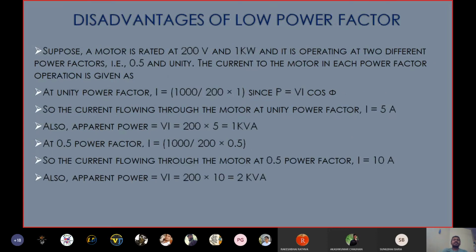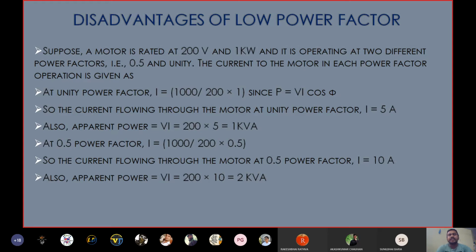Now, what are the disadvantages of low power factor? Take one example. A motor is rated at 200 volt and 1 kilowatt. It is operating at two different power factors: one case is 0.5 power factor and the other is unity power factor.